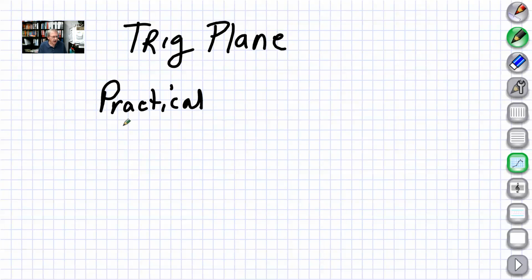Trying to solve a triangle, trying to find the angles and the sides of a triangle. It's more powerful than geometry because geometry just deals with specific triangles like 30, 60, and 45-degree angles. But trig can handle any triangle, but it has to be a right triangle. It has to have 90 degrees in it.